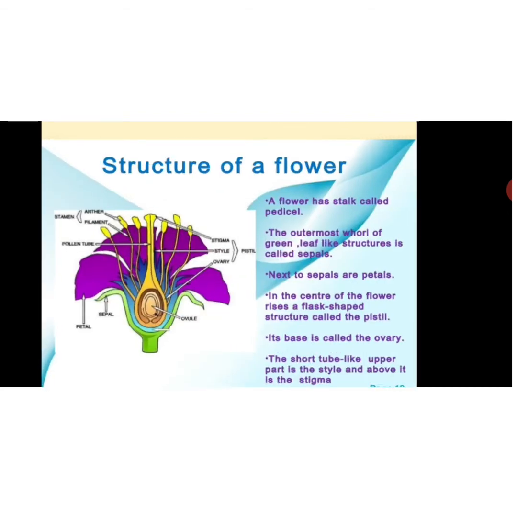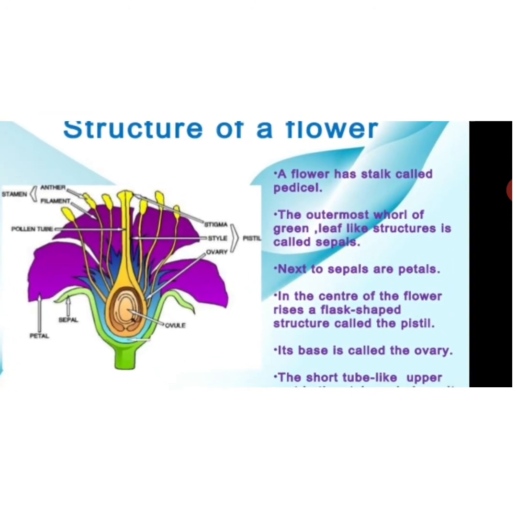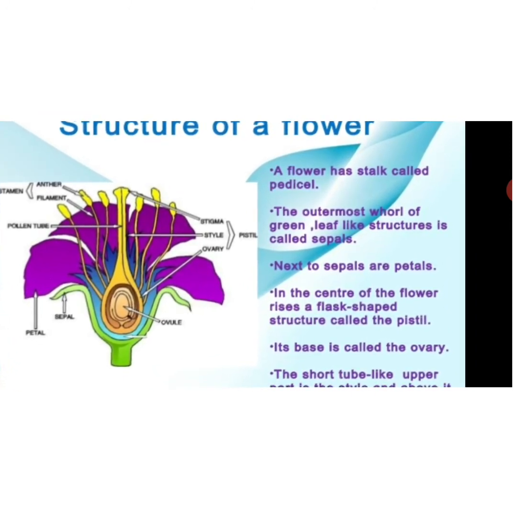See students, the structure of a flower. A flower has a stalk called the pedicel. It is a stalk-like structure that is called the pedicel. Then the outermost whorl is of green leaf-like structures. See this students, in this diagram you can see green leaf-like structures.